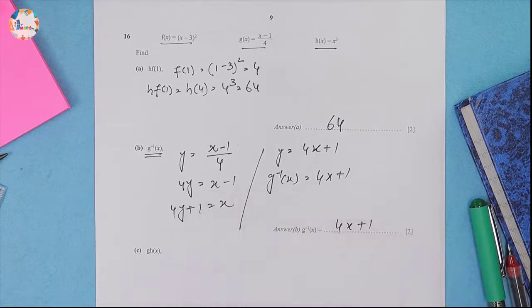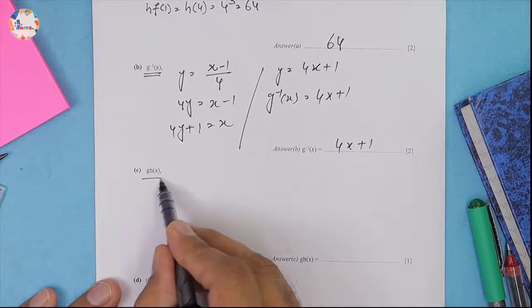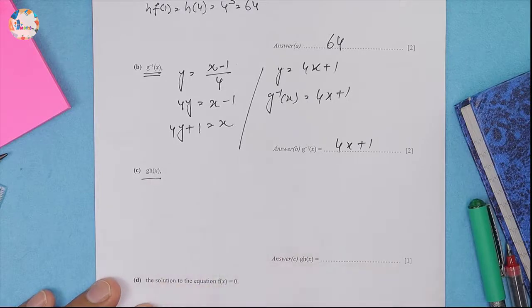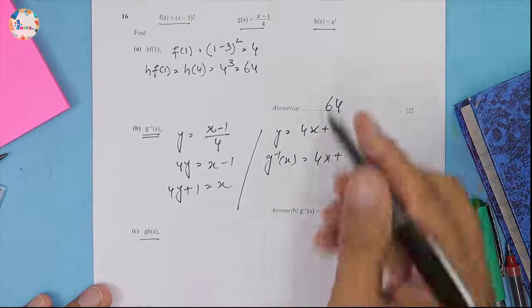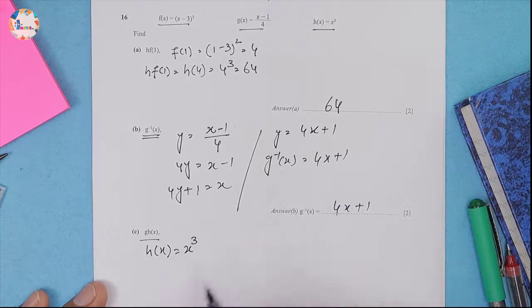This is the same strategy which we will be using for all inverse questions. Then they are asking us to find g of h of x. h of x is already provided, so h of x is equal to x cubed.